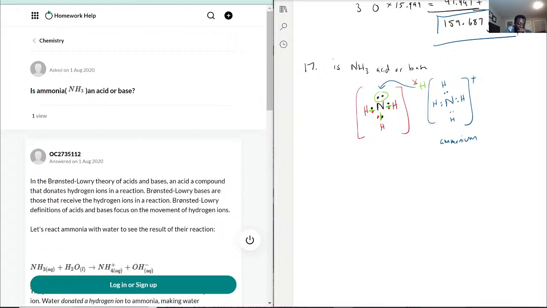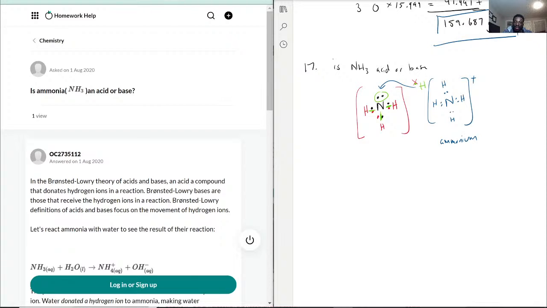So with that background story, let's see what it's doing here. As we paint this picture, it's accepting a hydrogen in order to become more acidic.